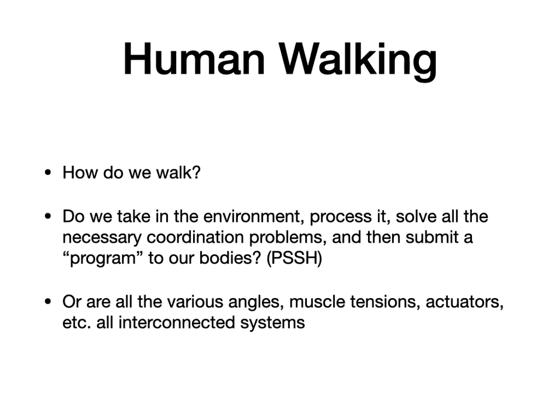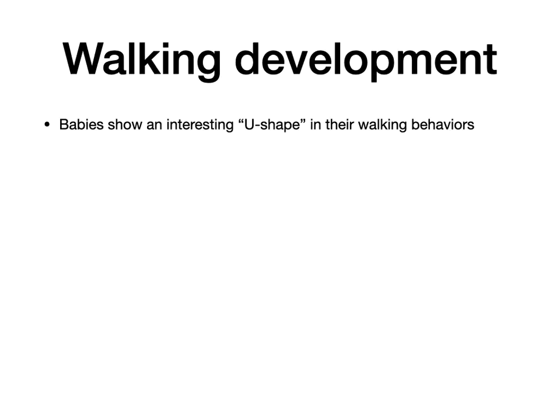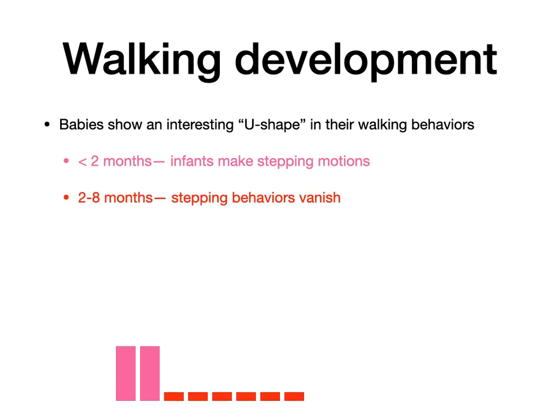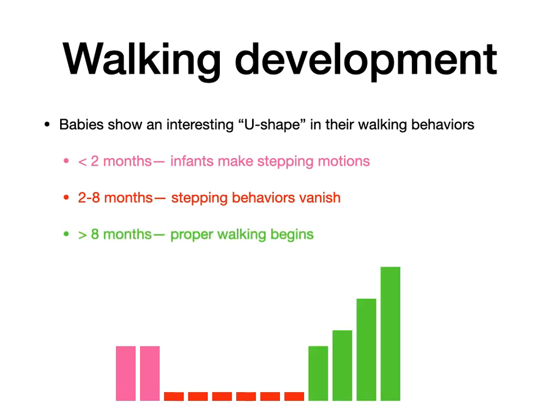So let's look at this in a study that examined babies. Walking development. So babies show this interesting U shape in their walking behaviors. For the first 2 months, infants try to make stepping motions. They just kind of wiggle their feet. From 2 to 8 months, those behaviors all vanish. And then after 8 months, they actually start to learn actual walking.